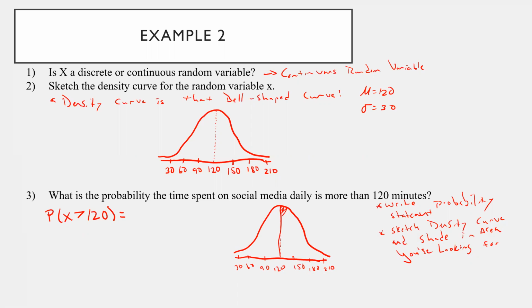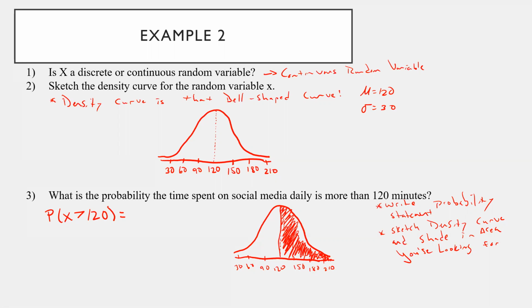So I want just greater than 120. So I want this red squiggly area here. Well, look, I want to find the area above the mean. So look back at the properties, okay? How much of the area under the curve is above the mean, is above 120?